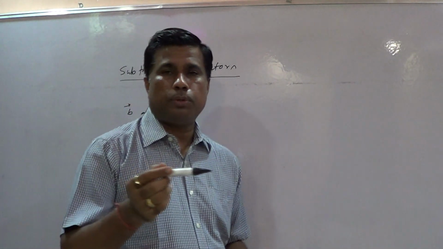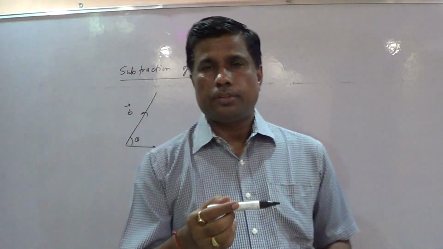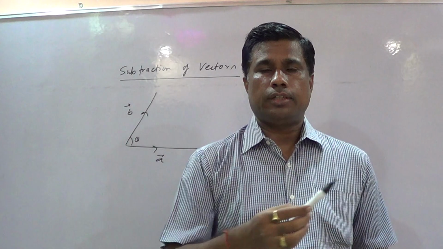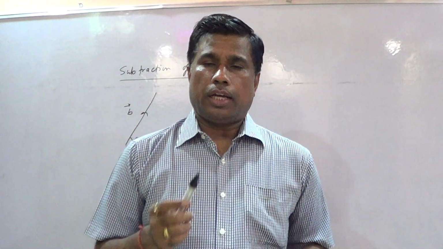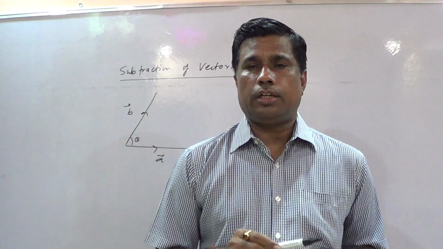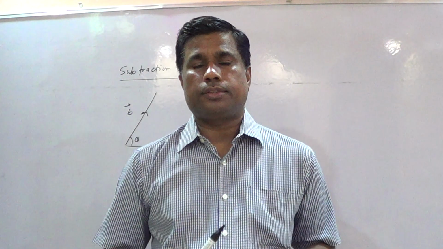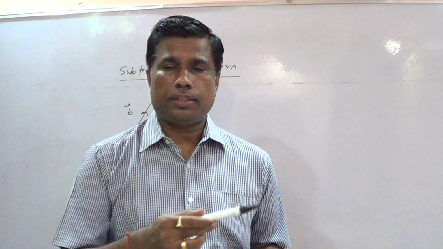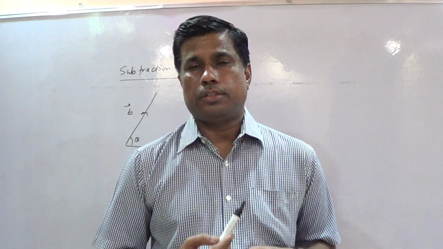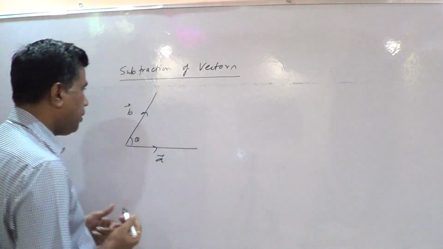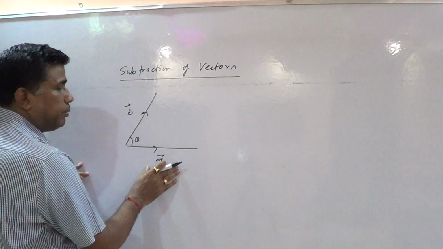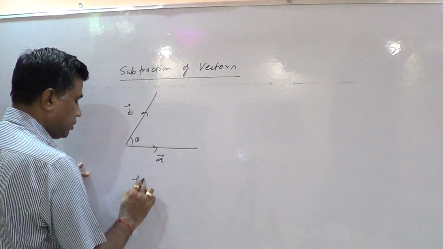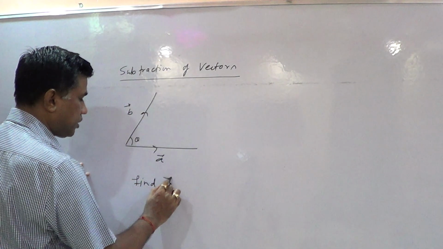You can assume one force of 5 Newton acting along the east direction, the other force of 4 Newton acting at an angle of 60 degree from the first force, or you can say at 60 degree north of east. So you have to find either A minus B or B minus A. Suppose first we are going to find this A minus B.